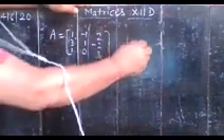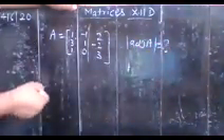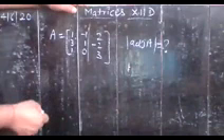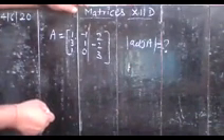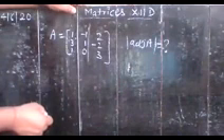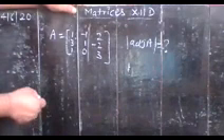determinant of adjoint A. Here you have to find the value of determinant of adjoint A without computing adjoint A. So how do you find it?